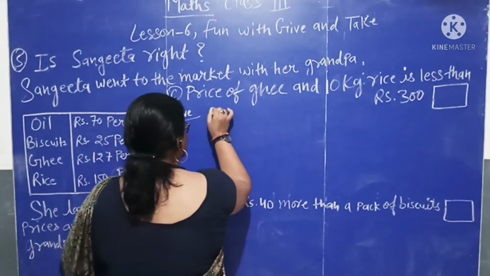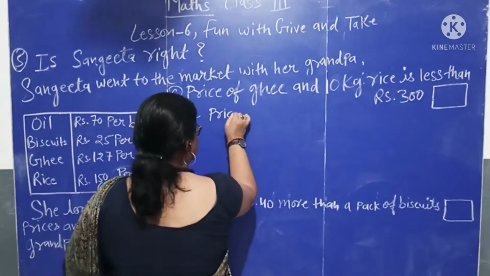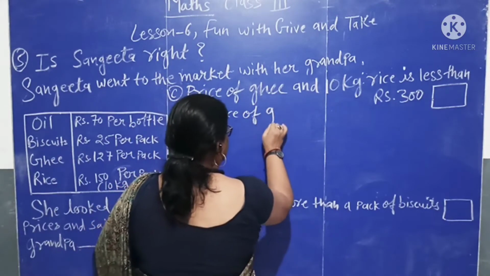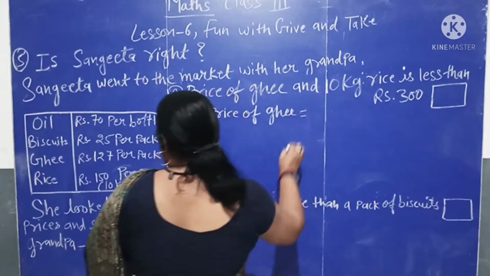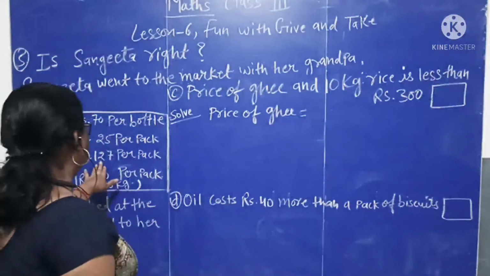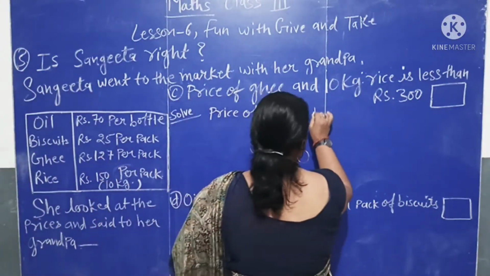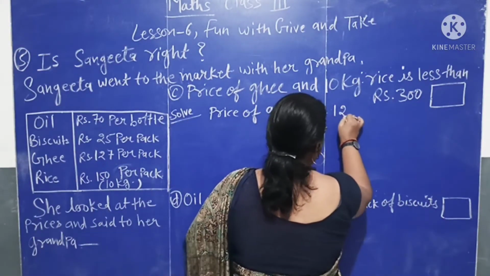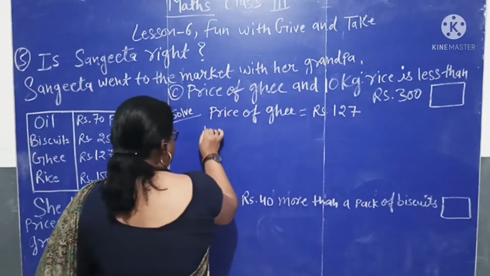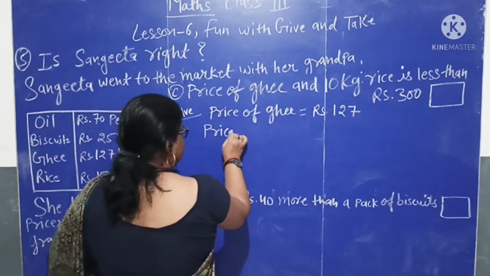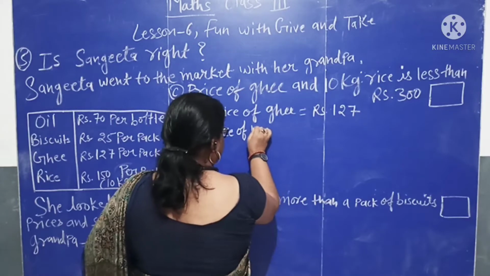So let's find the price of ghee. How much is the price of ghee? Rupees 127. And the price of 10 kg rice?